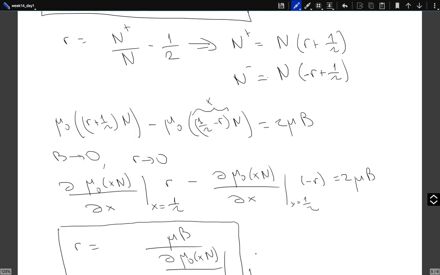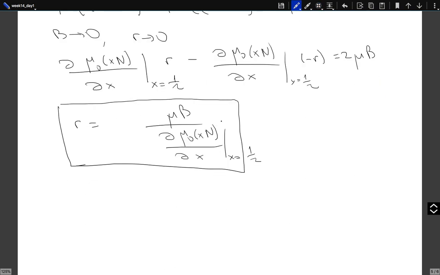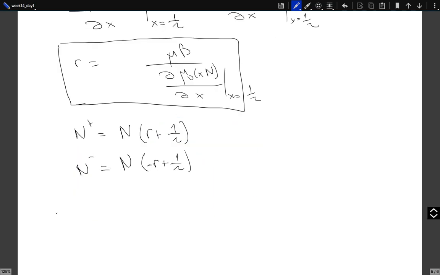Now, of course, we are not interested in R, but we are interested in the magnetization. Magnetization is again just mu star times N plus minus N minus.